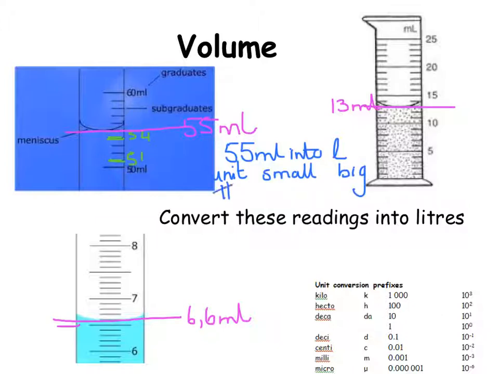Therefore, the number is going to go from big to small, so I need to divide. If I'm going to divide, I'm going to take 55, and a milliliter is 1,000th of a liter, so divide by 1,000, and I get 0,055 liters.